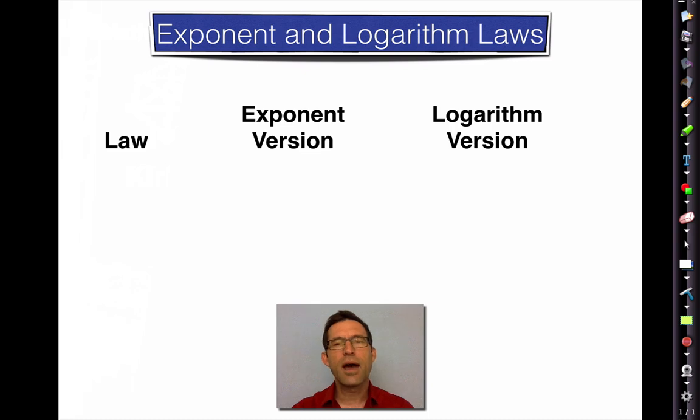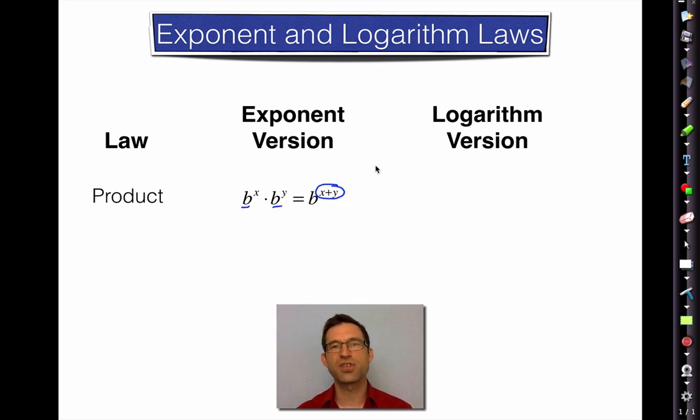All right. Now, the key here is that logarithms are inverses of exponentials. So for every major exponential law, one expects a logarithm law. And let's take a look, because that's certainly the case. The first law we look at is the product law. Now, in the exponent version, we've seen this many times. When you multiply two things that have the same base, you end up adding their exponents.